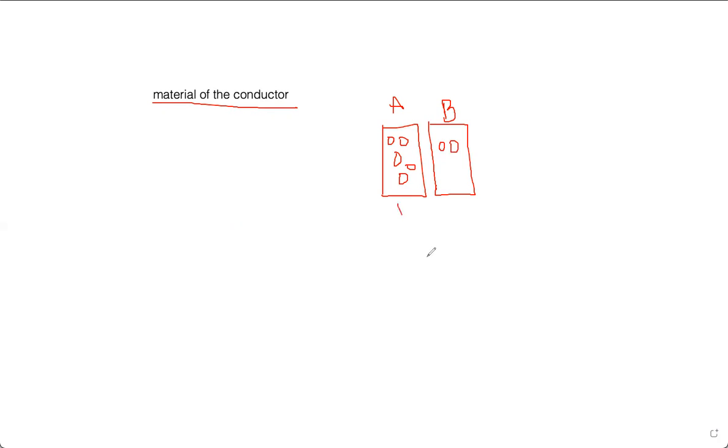We can say that A is a better conductor, or good conductor of electricity, because it has more free electrons present in it. And since B has a negligible amount of free electrons in it, it's a bad conductor.